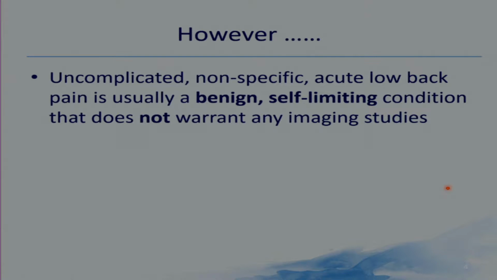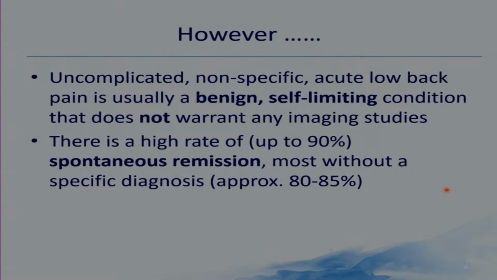However, uncomplicated, non-specific acute low back pain is usually a benign and self-limiting condition that does not warrant any imaging studies. There is a high rate of spontaneous remission, most without a specific diagnosis. And only 7% will become chronic.